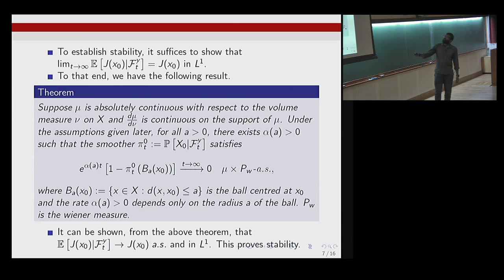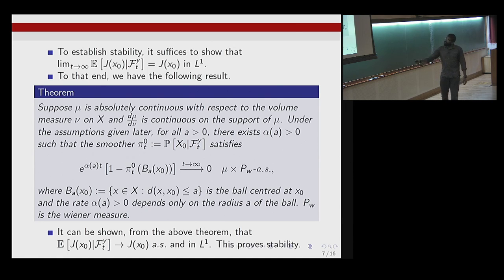This particular quantity converges to a limit that we can show from the Martingale convergence theorem, but we really have to show that that limit is actually j of x naught. And that can be shown at least from this and some other calculation later on.